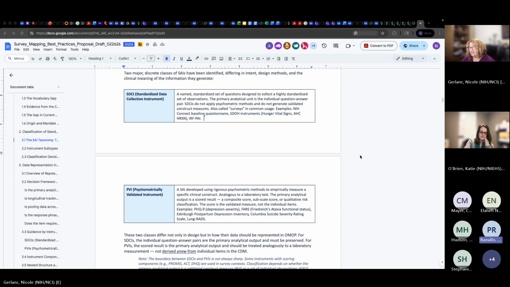One of the things we're working on right now is a paper, and one of our goals is to be really clear about this universe of things we call surveys or assessment instruments, and how we can carve them out naturally at the joints, and what that means in terms of how we represent them in OMOP or in any system. We basically want to come to an agreement for how we're going to use this in OMOP, and create a common language that we can share, so we know what this means in this context.